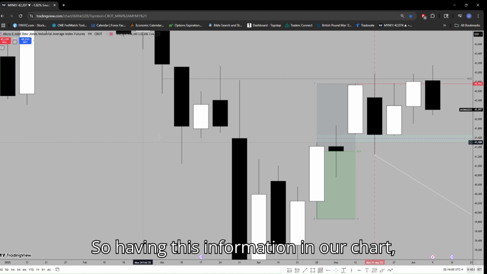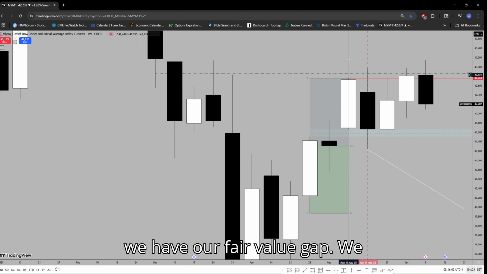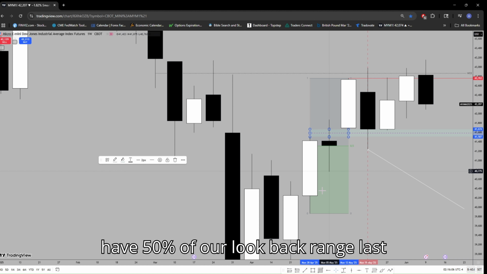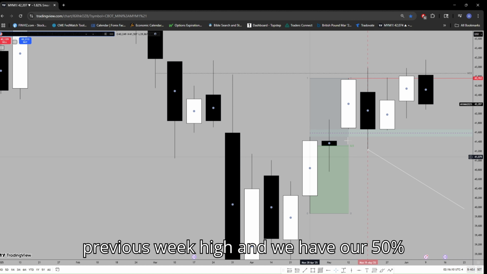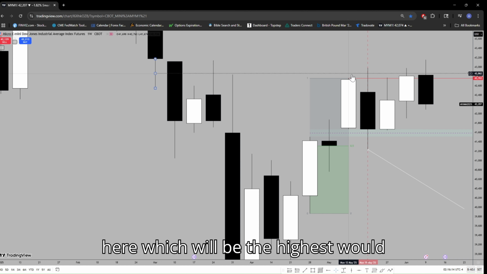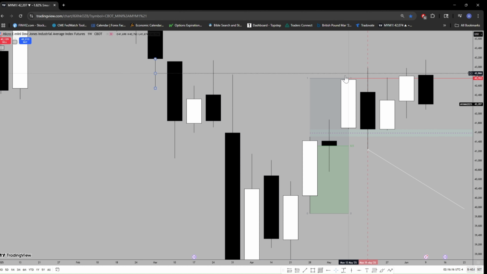So, having this information in our chart, we have our fair value gap, we have 50% of our look back range, the last 3 weekly candles, we have the previous week high, and we have our 50% here, which will be the highest we would expect price to go for the week.